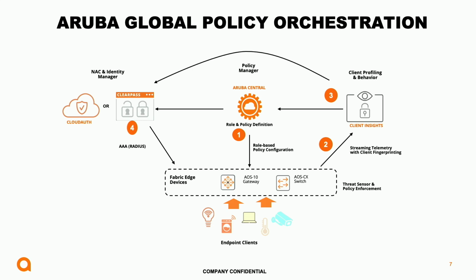So what we're doing is, and I think you saw in the previous presentation, you have telemetry that's streamed out of all of these devices natively, where client insights will profile these devices and send information about what it is into Clearpass or CloudAuth. You give a choice of what's your authentication service. You could choose to have Clearpass or you could choose to have CloudAuth. And then CloudAuth is basically the one which is actually doing the RADIUS or AAA.